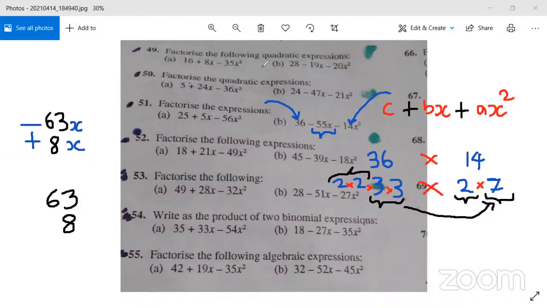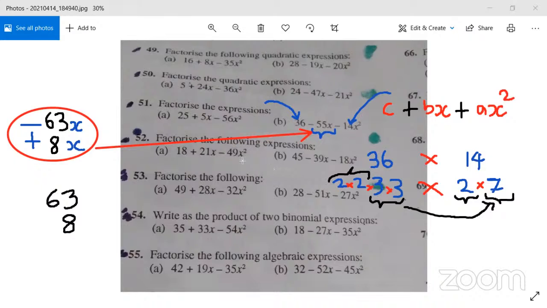So let me just highlight that for a minute. So this over here is going to be replacing, well, this, right? So we're going to be replacing minus 55x with minus 63x plus 8x, right?